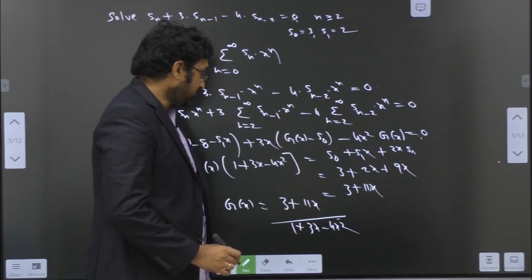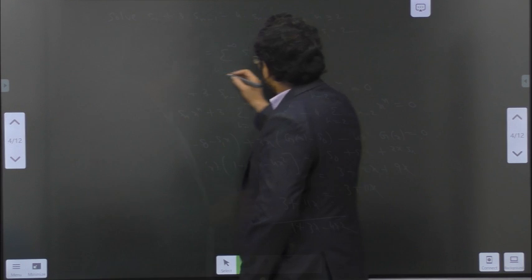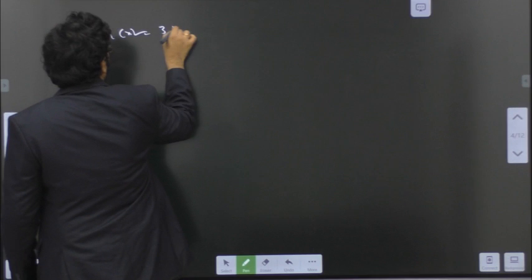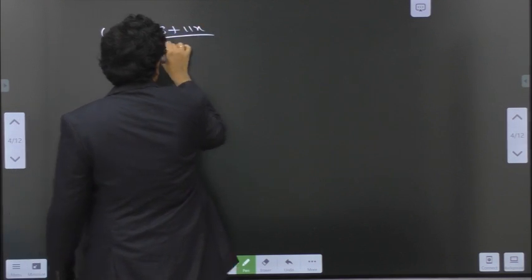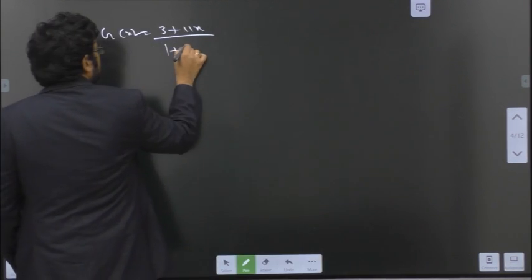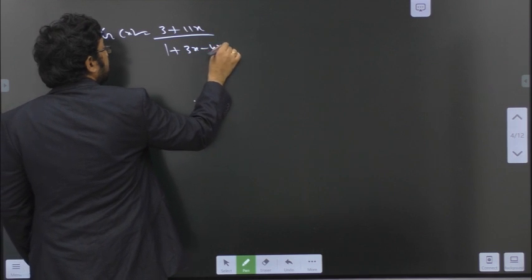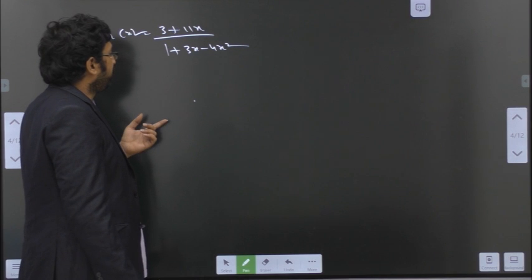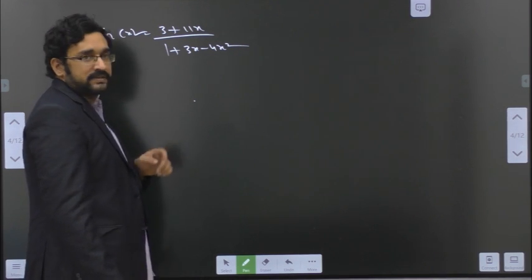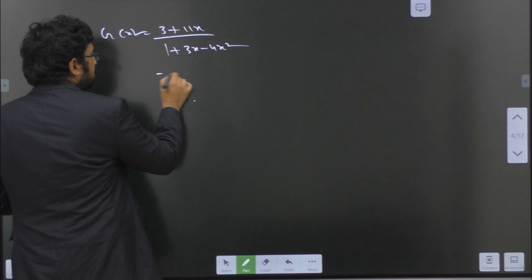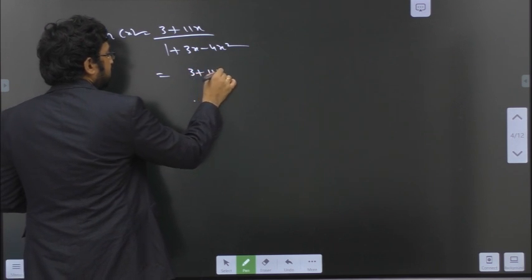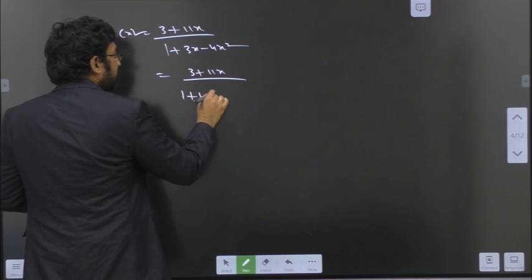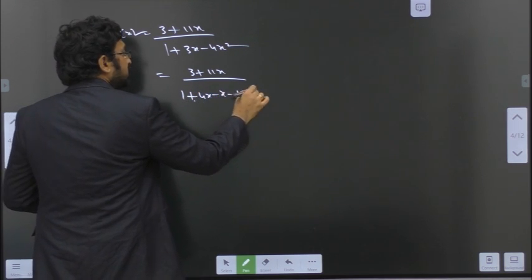Now we have to find factors for this one. g of x equal to 3 plus 11x by 1 plus 3x minus 4x square. So we can write 3 plus 11x by 1 plus 4x minus x minus 4x square.